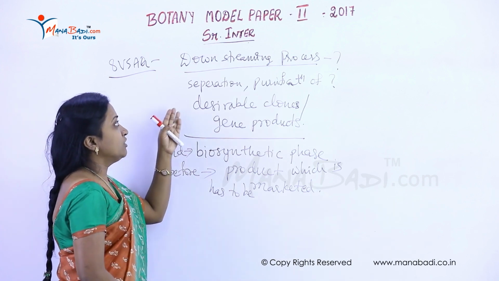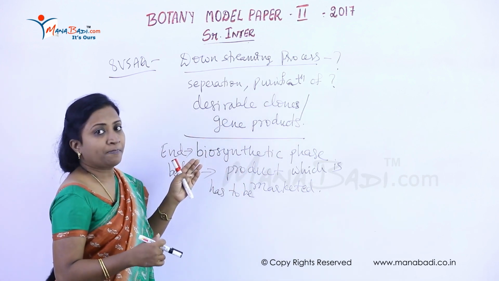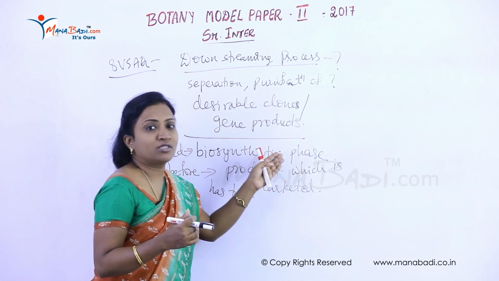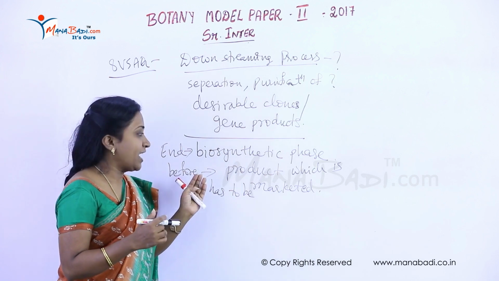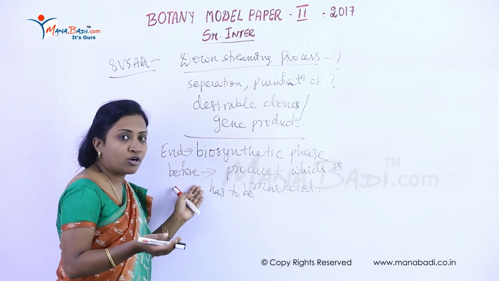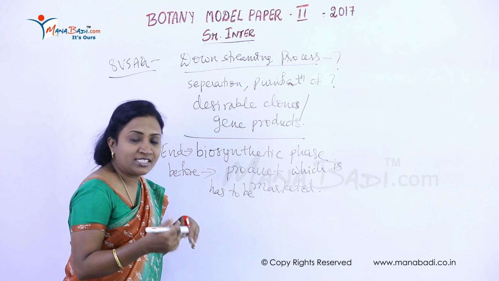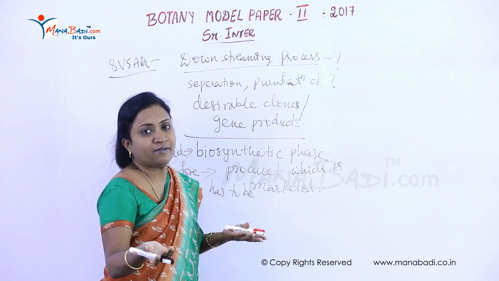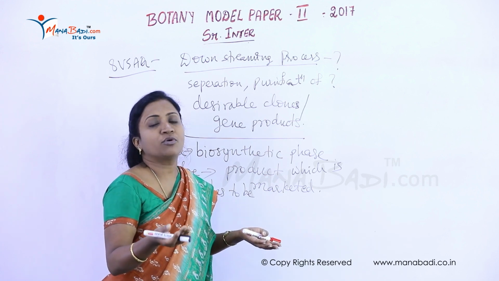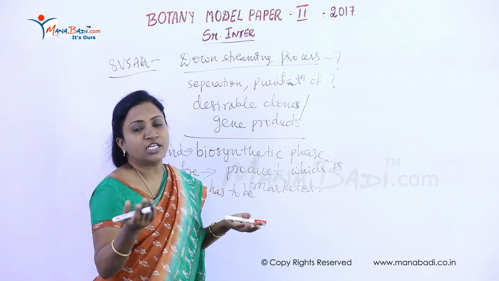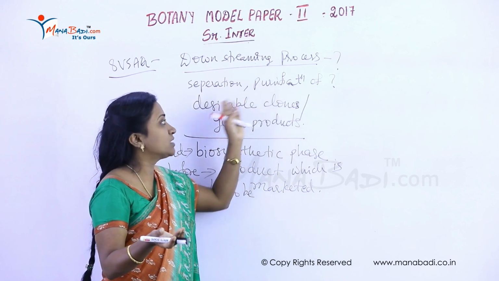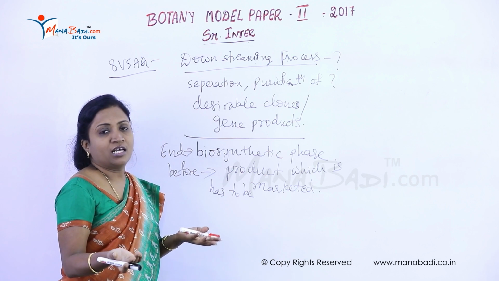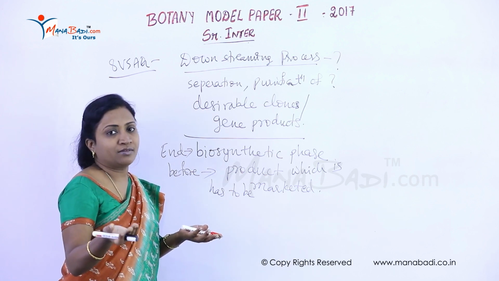So the downstreaming process is done at the end of the biosynthetic phase and before the product which has been attained is marketed. It has to be introduced to the market, because the gene products, or the desirable clones, are only meant for commercial usage. For example, insulin.